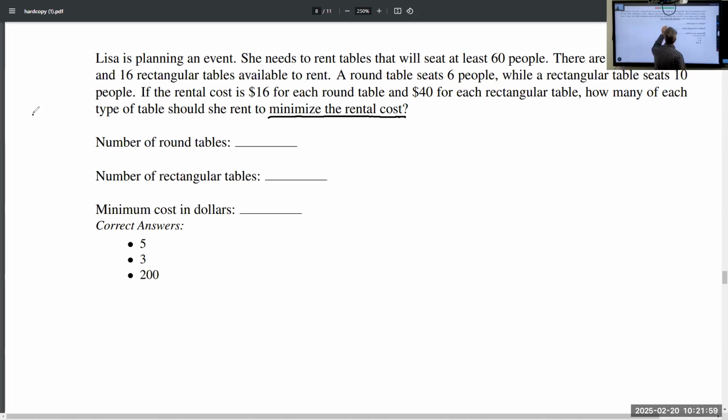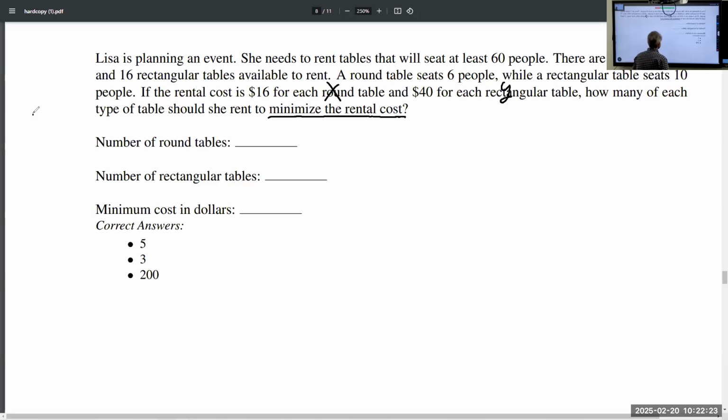If you're okay with it, I'm going to let round be X and rectangle be Y. It doesn't matter, but I just need to call them letters. And both of those words start with R, so I don't want them to be R1 and R2. That's too confusing. So I think X and Y would be a choice we could make.